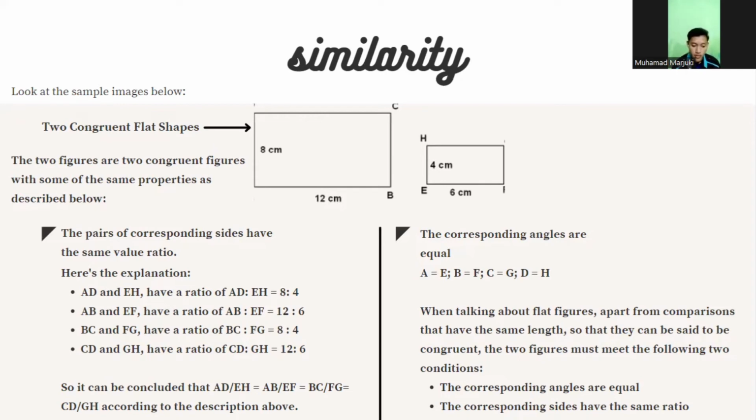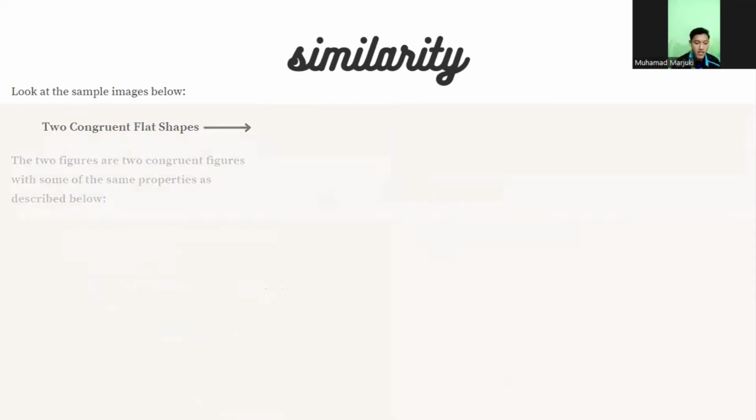First, the corresponding angles are equal, and then the corresponding sides have the same ratio.